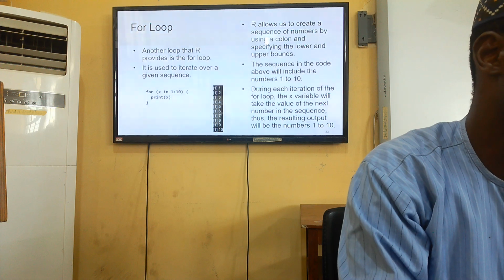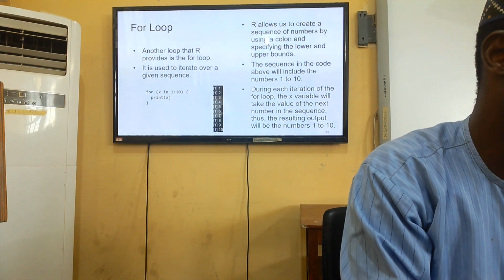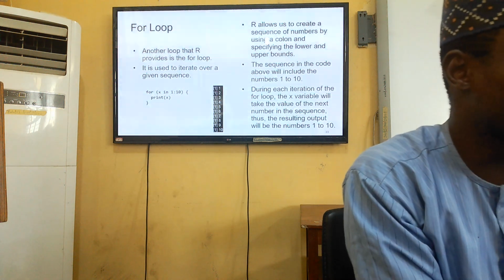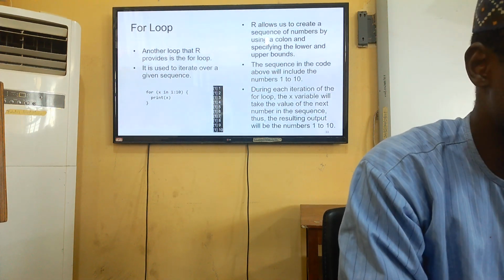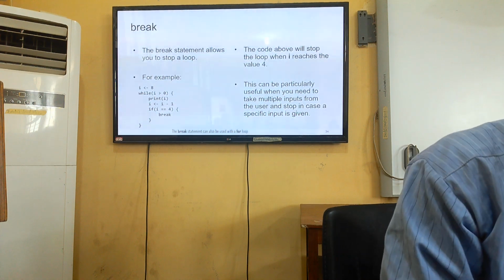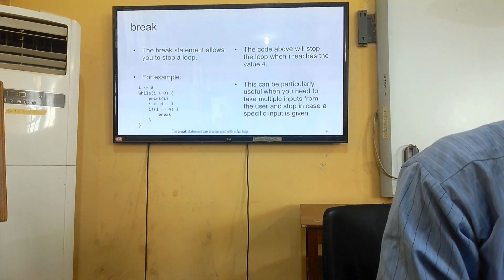For example, this statement will run for i to 10. But if you want it to exit prematurely, maybe when i is 7 or 6 or 4, that's when you use the break statement. So the break statement allows you to stop a loop.